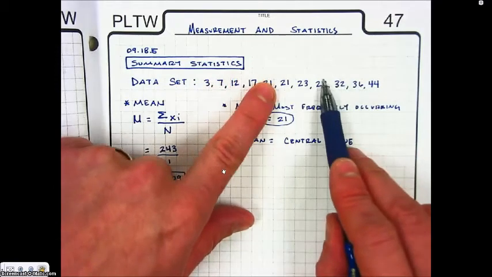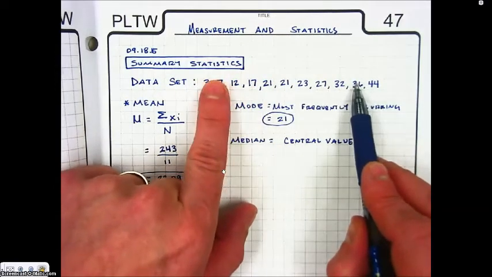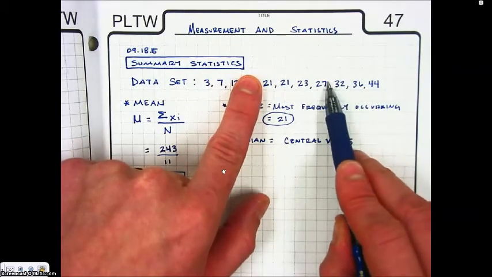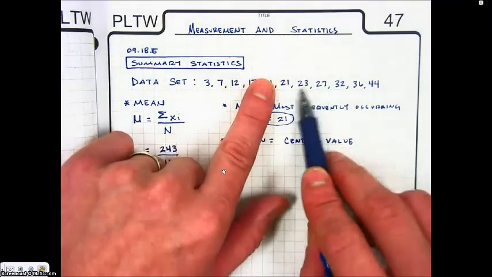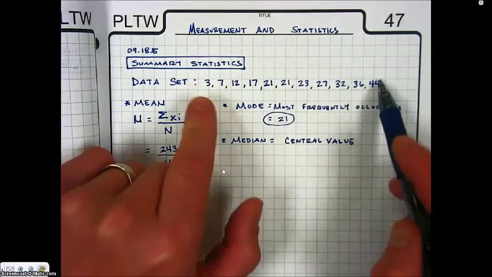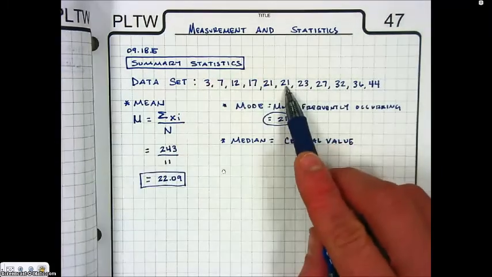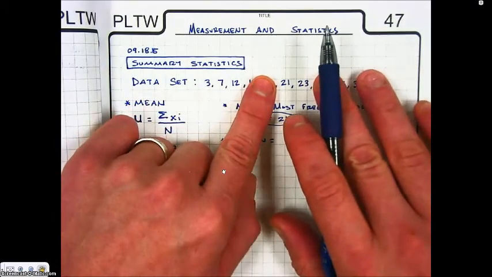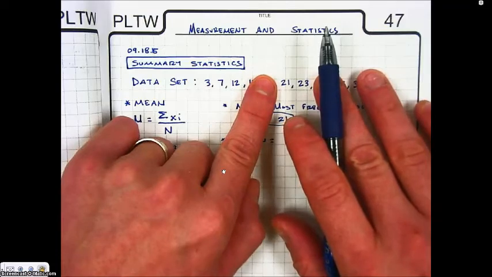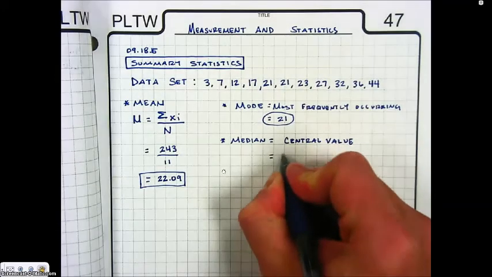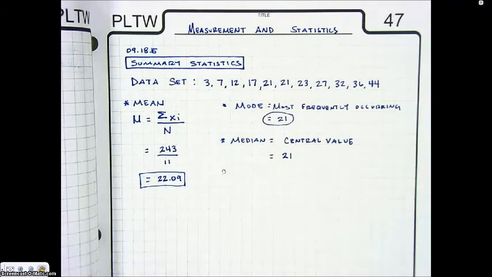And we have an odd number of values, 3, 4, 5, 6, 7, 8, 9, 10, 11. And so our median value in this case is 21. If you had an even number and the middle was the two of those, you would take the mean value of that. And so you would add them up and divide by 2. But in this case, we have an odd number, so our median is 21.